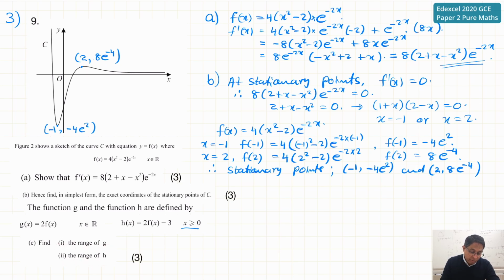Let's see how you can find the range of function g of x. g of x equals 2 times f of x. Therefore, if you know the range of f of x, the range of g of x is twice that range of f of x. To find the range of f of x, you can use the graph of f of x. When x is a real number, the range of f of x you can get from here. This is the range.